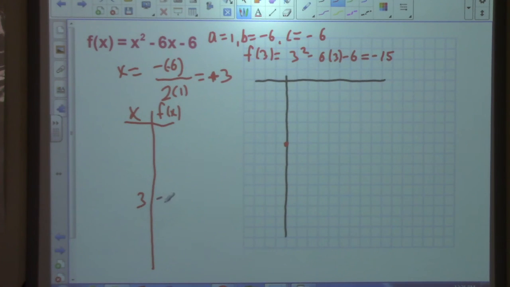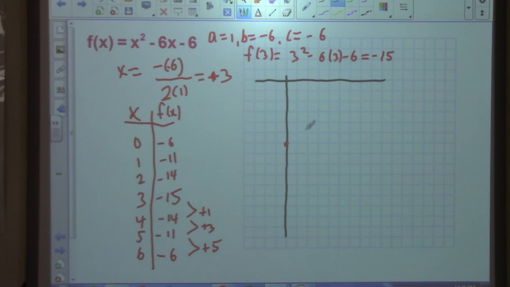Then we put 4, 5, 6. Do we have a equal to 1? Yes. Plus 1, plus 3, and plus 5. So negative 15 plus 1 is negative 14, then negative 11, and finally negative 6. Down here we put negative 14, negative 11, negative 6, and of course 2, 1, 0.